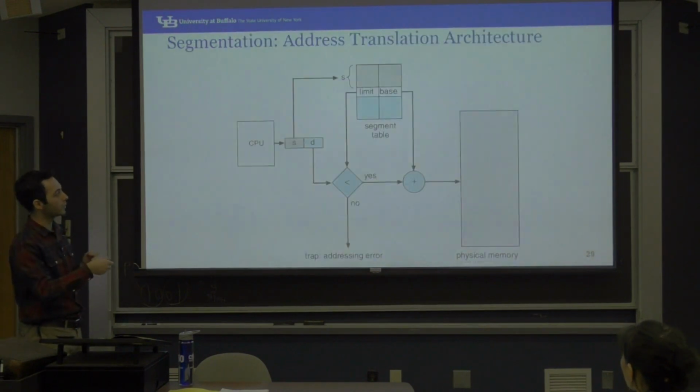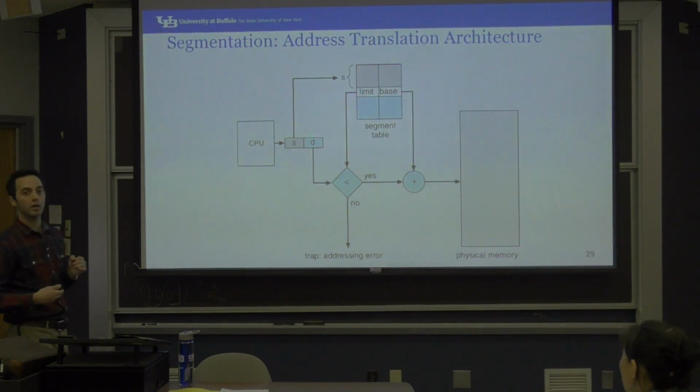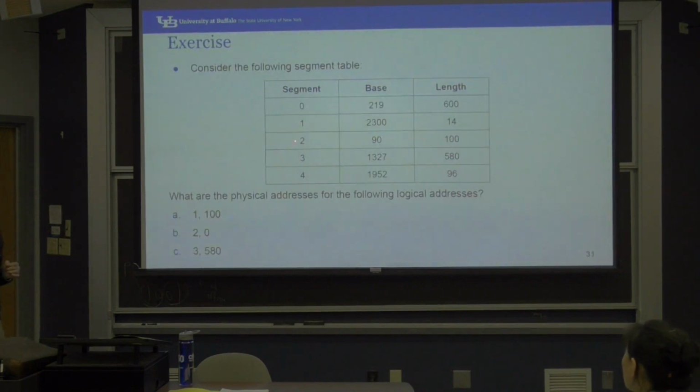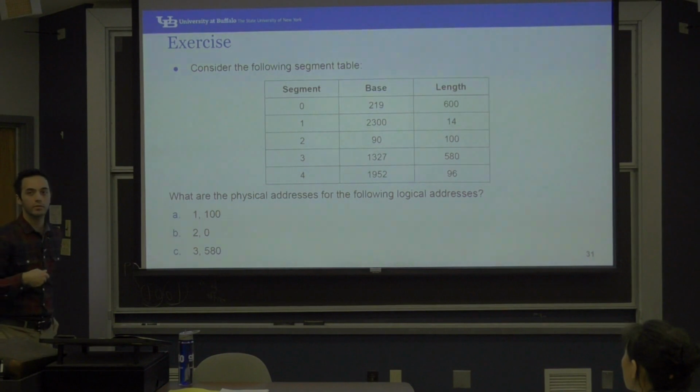Tell me one more time. This is what you're going to do. You're going to take a look at the segment table, read the limit and base, check the limit. If the offset is less than that, then add the base to it and then give the result. Okay? So, if you have segment number 1 here, what is this physical address? The mapped physical address.